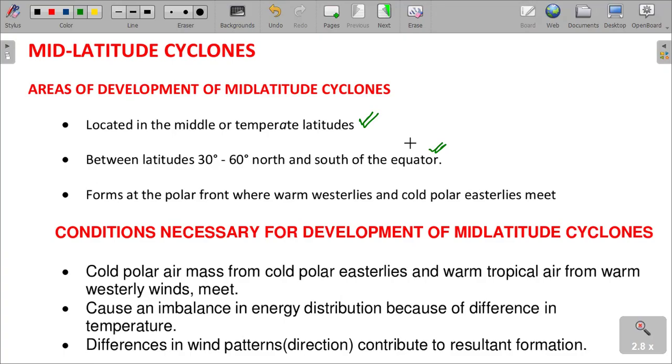They form at the polar front where warm westerlies and cold polar easterlies meet. Remember, we said that they are driven by the formation of a front, which is caused by the two air masses meeting, resulting in the polar front forming.